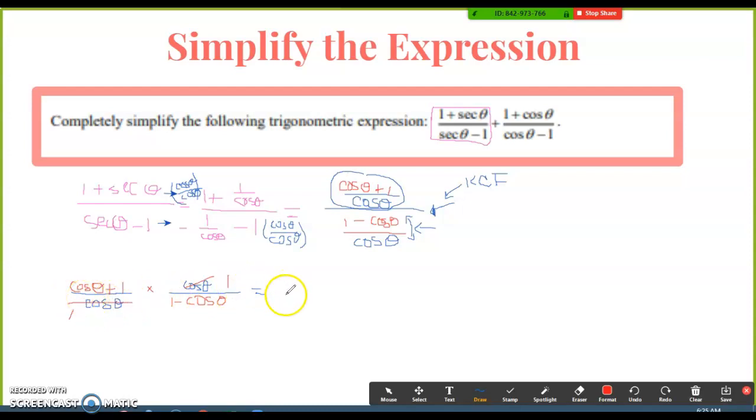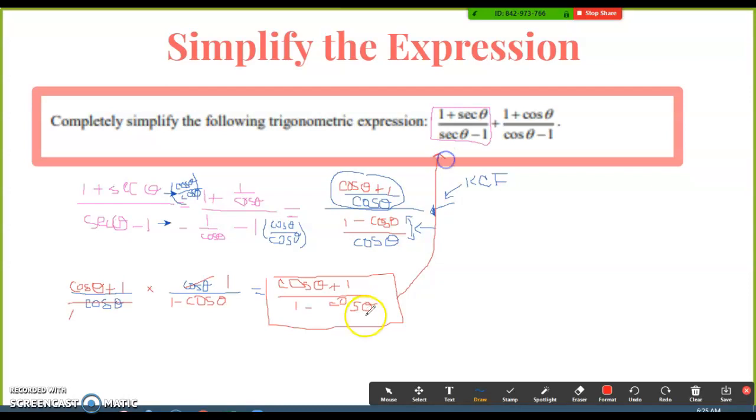So that means when we multiply across, we'll end up with cosine of theta plus 1 over 1 minus cosine of theta. Now, let's go ahead and just sub that in. This is the simplified version of our first fraction.